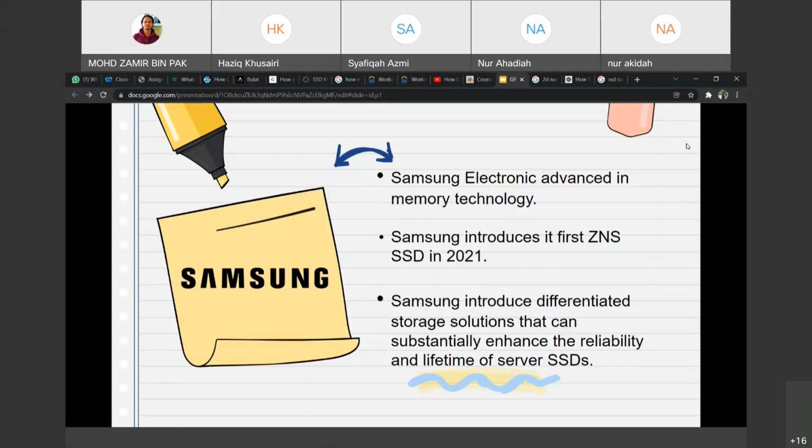They introduced a differentiated storage solution that can substantially enhance the reliability and the lifetimes of server SSDs. Next slide.